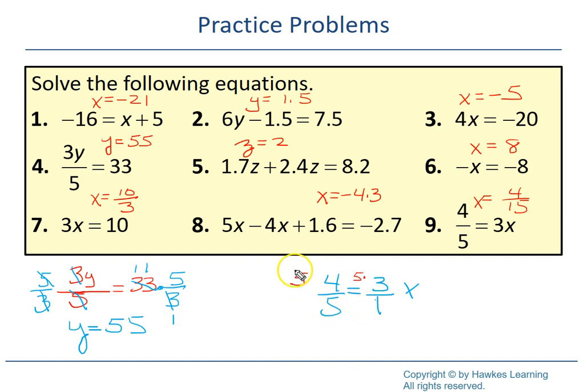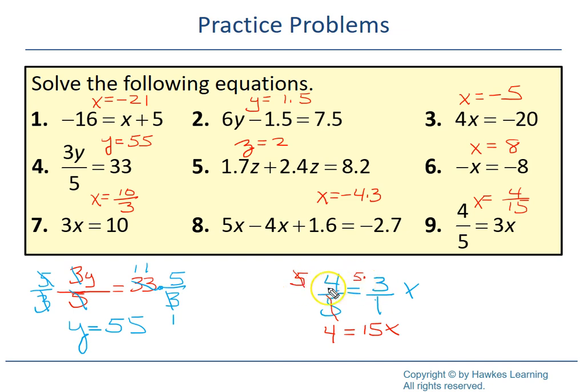And notice what happens. Here the 5 cancels out, and we're left with 4 equals 15x. So I got rid of that tricky fraction because here we'd have to divide by a 3, and that was a little bit hard at this stage. So by getting rid of the fractions, we don't have to worry about that.